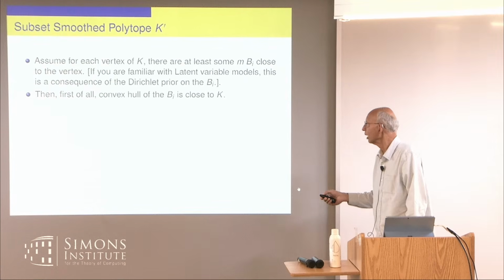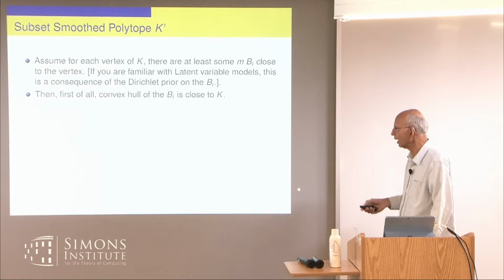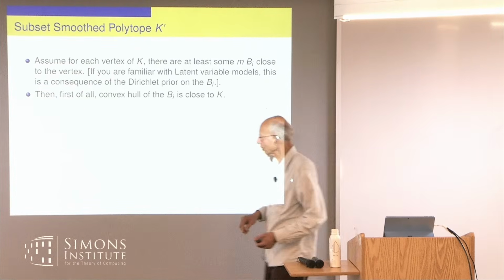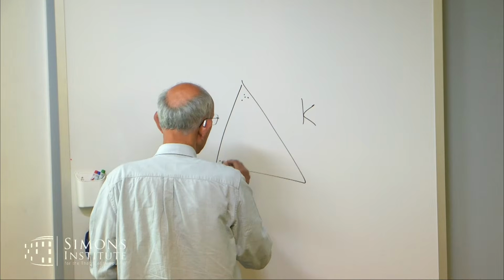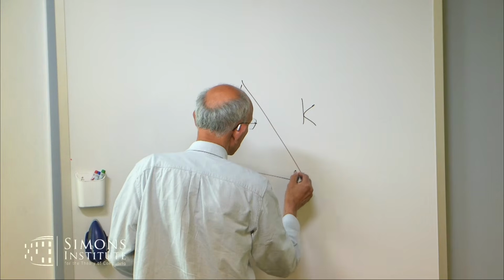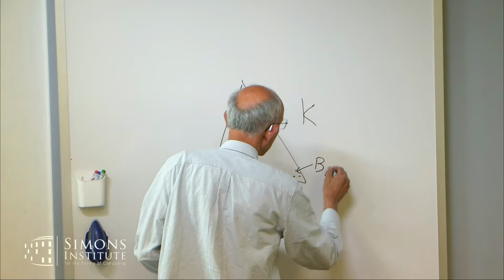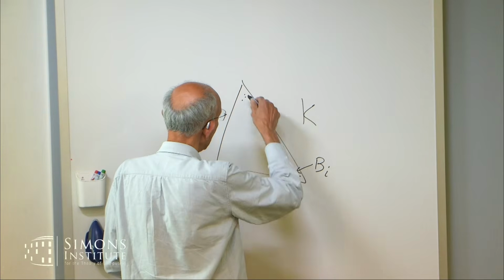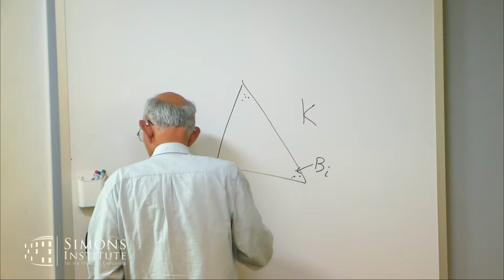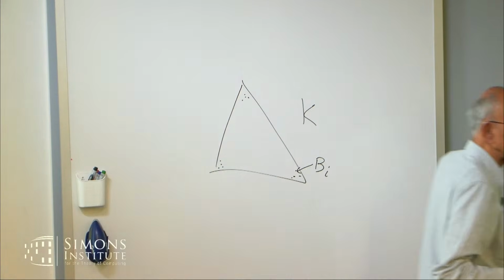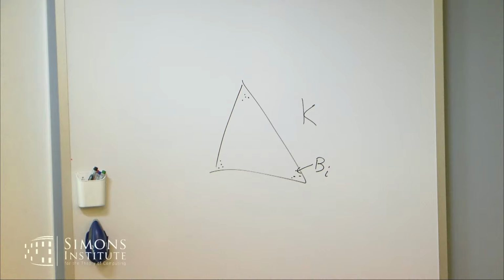Then first of all, the convex hull of BI is close to K. So the picture is, this is K. We assumed at least one BI. In fact, we assumed many BI are close to this. These are BI. That means the convex hull of those BIs is close to K, and therefore the convex hull of all BIs is close to K. How should I think of the distance between polytopes?